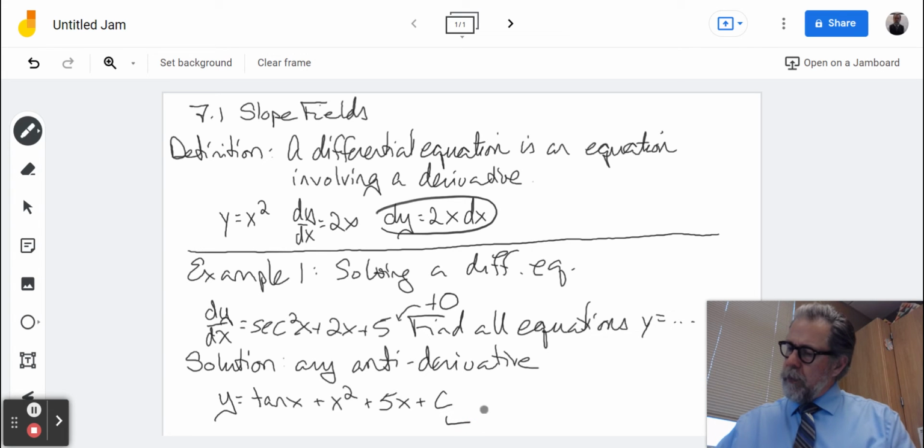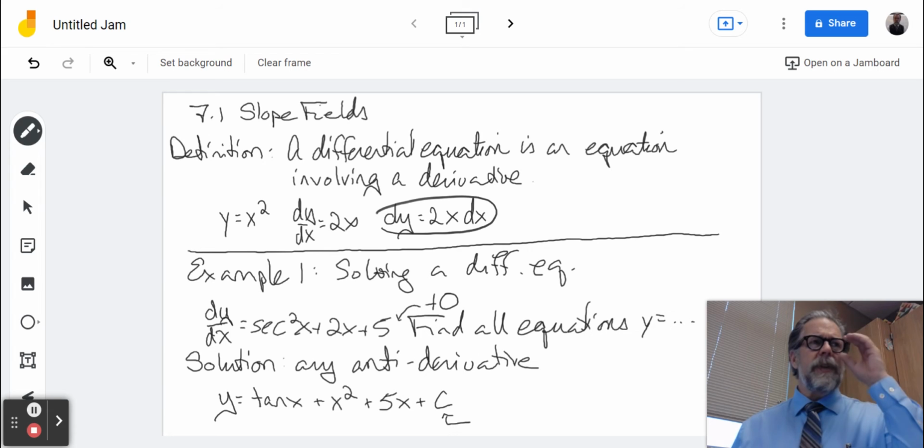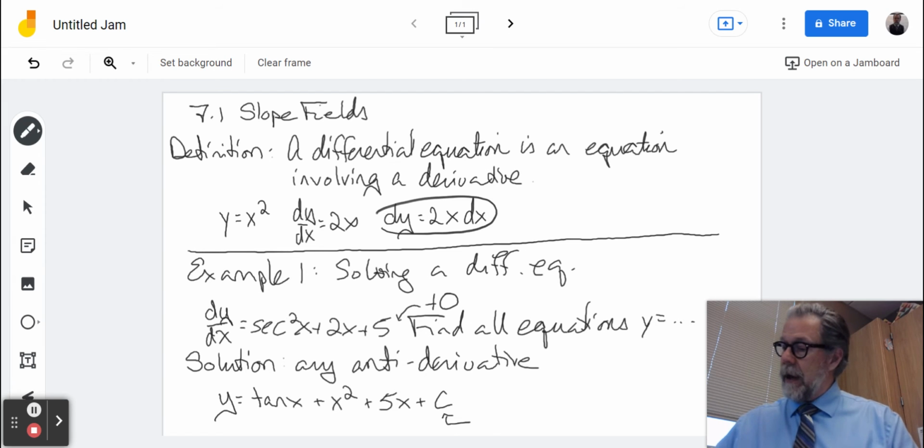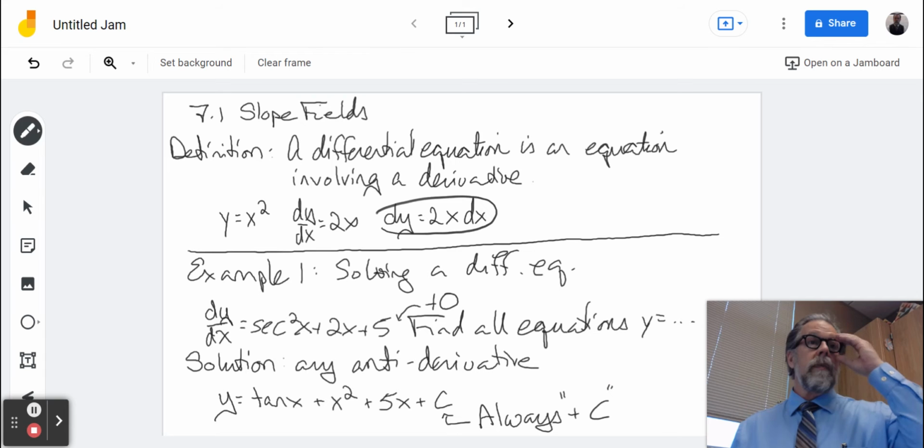Notice that this antiderivative, this function that has a derivative of secant squared plus 2x plus 5, has to have a constant on the end, because there are going to be, and we'll see this a little bit later, an infinite number of possible functions that would have that derivative. We'll go into more details about that later, but always plus c when finding an antiderivative.